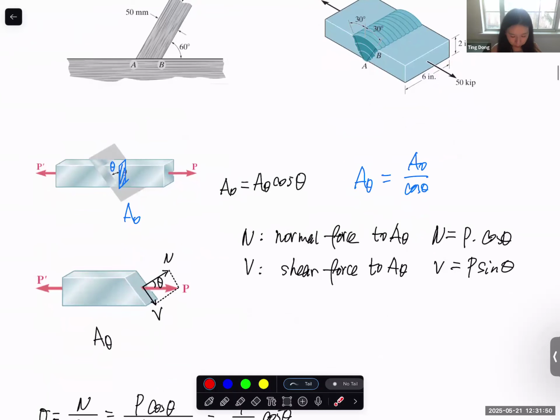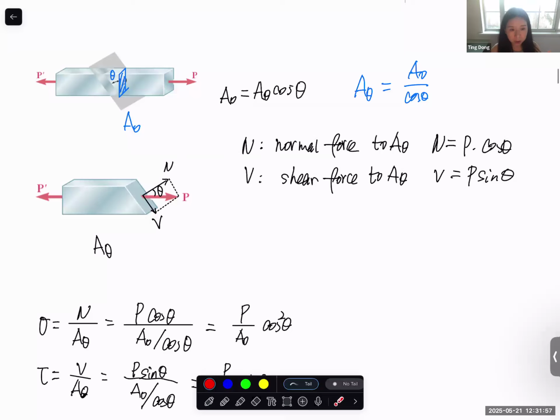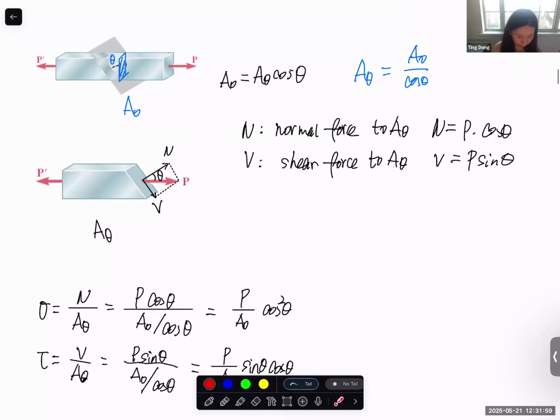To solve the problem, of course, we need to calculate the normal stress and shear stress, so we need to find out what normal force and what cross-section area. In the end, it's about the normal force over the area the normal force is applied on, and the shear force over the area the shear force is applied on. So let's say we define theta as the angle between the actual direction of the structure and the normal direction of the plane.